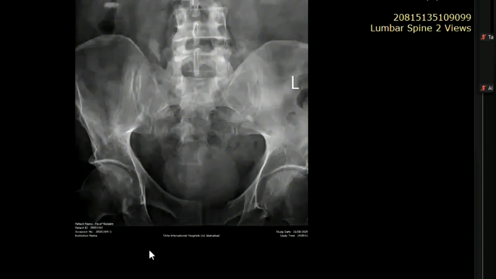The left SI joint has also lost its normal joint cavity and maybe has slight sclerosis. But rest of the bones appear unremarkable.